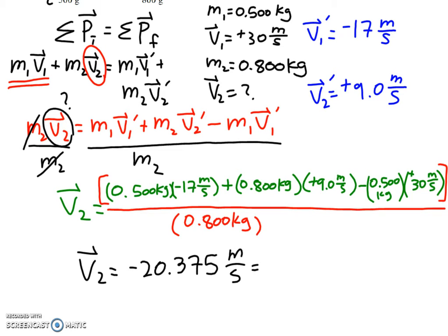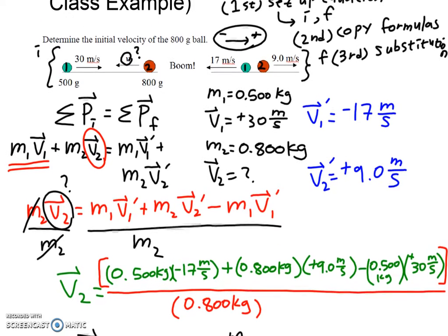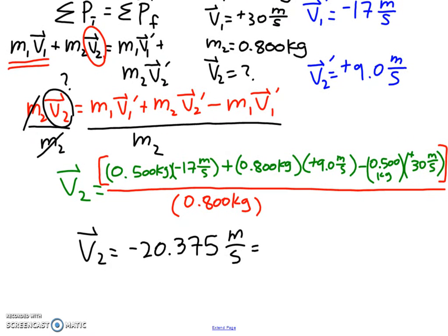At this point now you need to do significant digits. In this case the significant digits, I believe it was 3. No, 2. I lied to you. 2 significant digits, which is technically expressed as negative 20 meter per second.